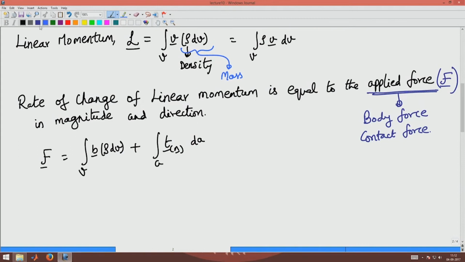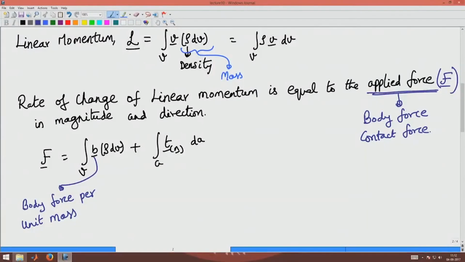Here, b is body force per unit mass. Essentially, here we are considering body force as being due to gravitational forces alone. If it were to arise due to electromagnetic forces, then it would be per unit charge.